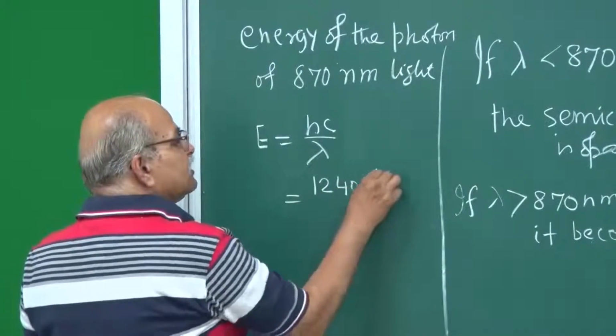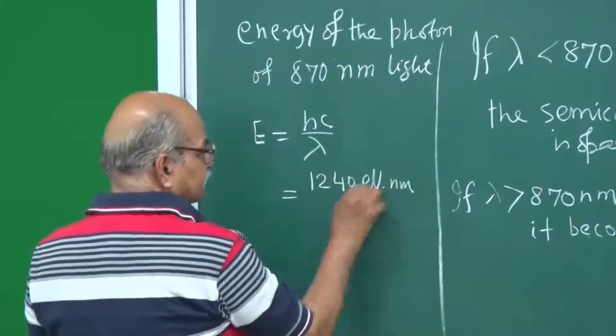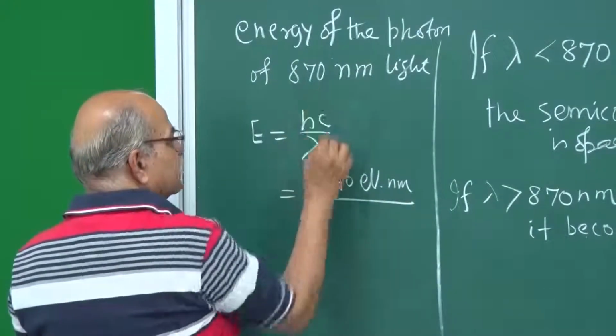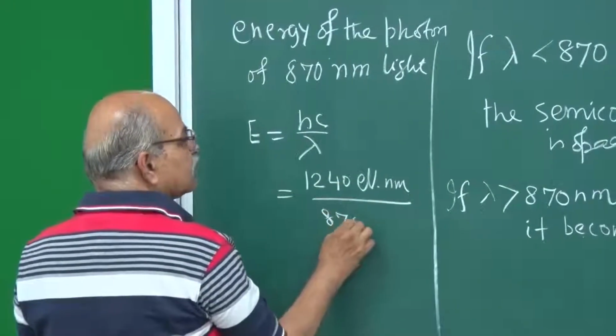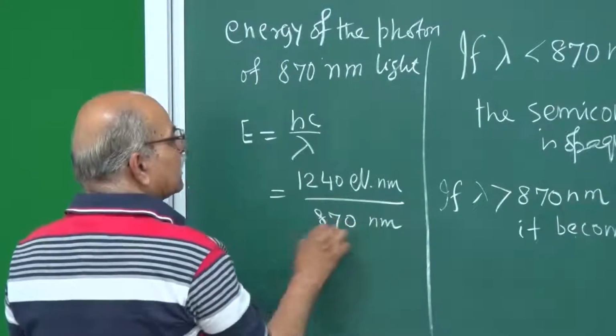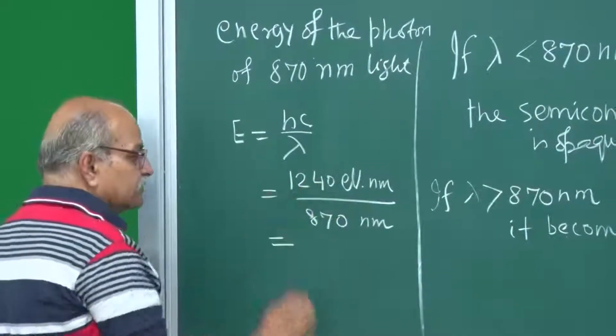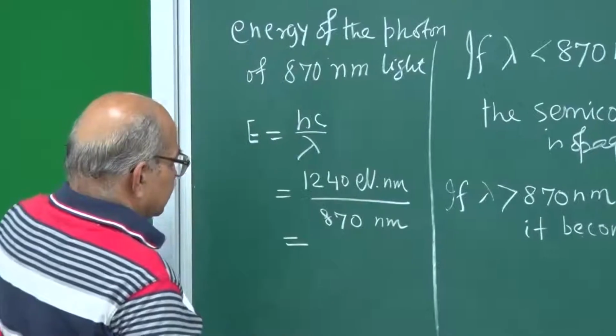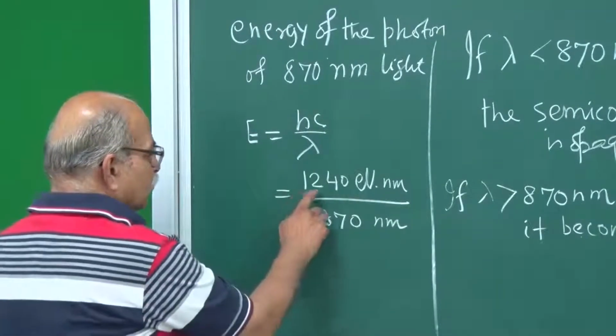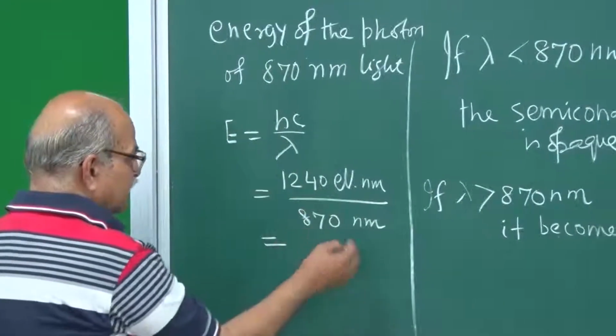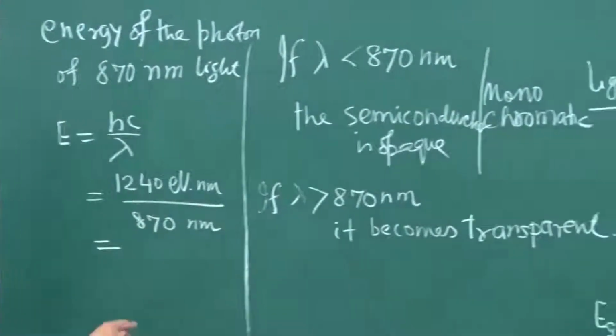1240 eV nm, and this lambda is 870 nm. So, you can work out how much this energy is. 1240 divided by 870. So, let me calculate.